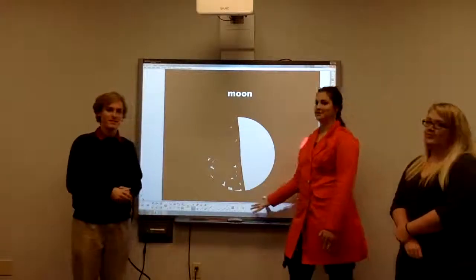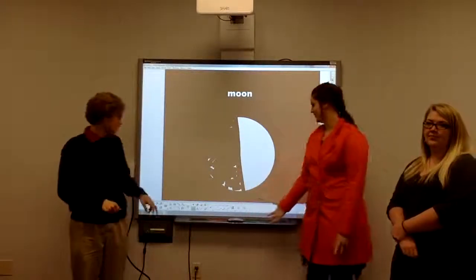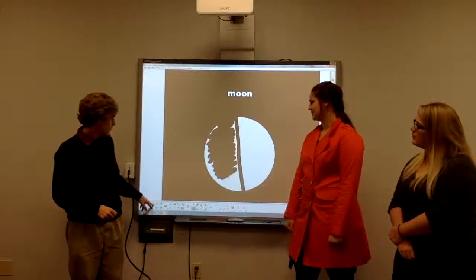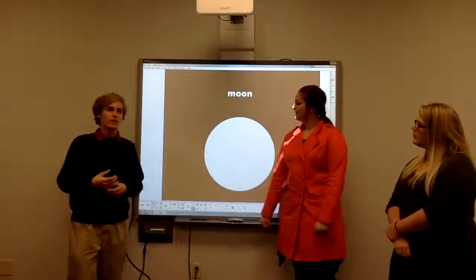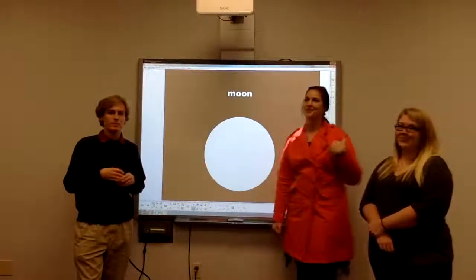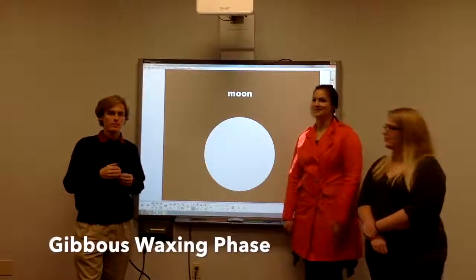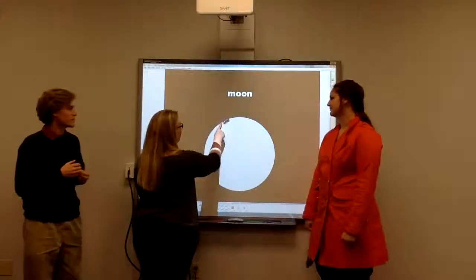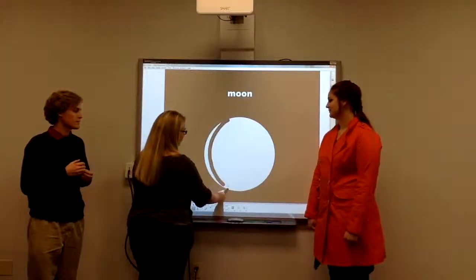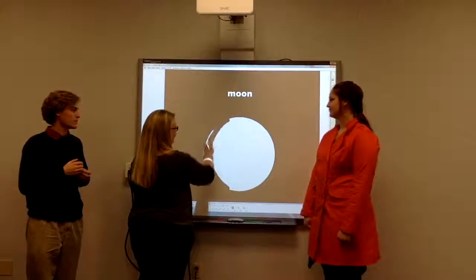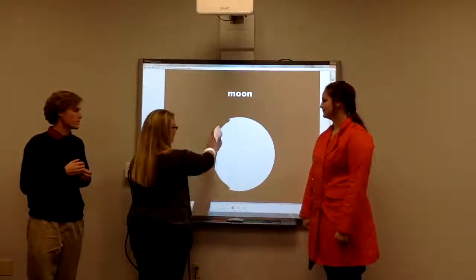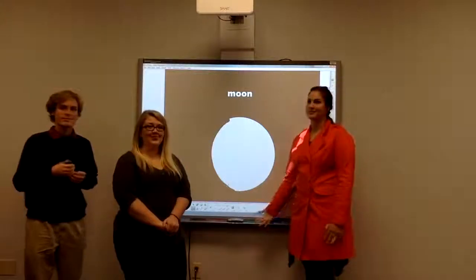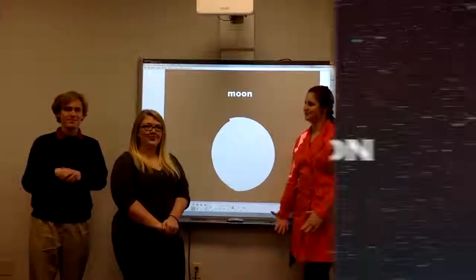And that's how he would illustrate the first quarter. Here's my second student, and I would assign her the waxing gibbous. And that would be the correct illustration of the waxing gibbous moon.